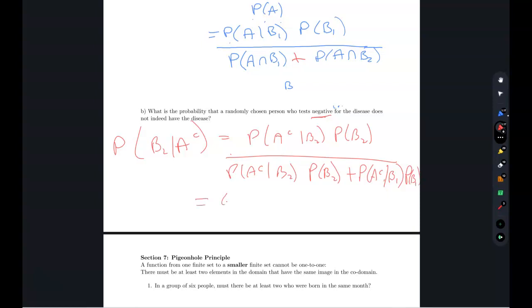That gives 0.97, 0.995, 0.01, 0.005, or a 0.97 and a 0.995.